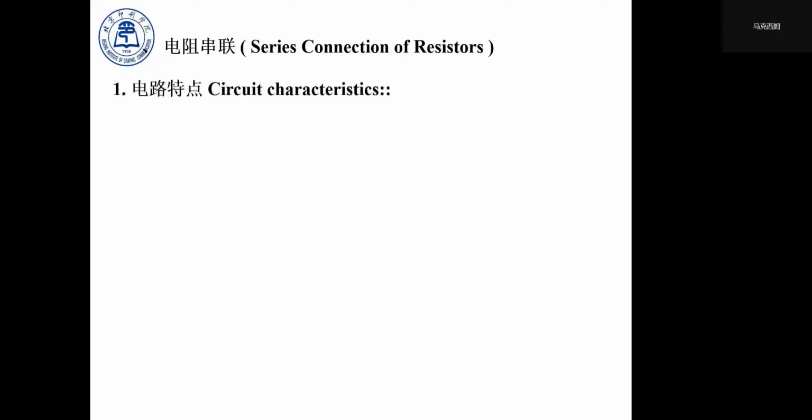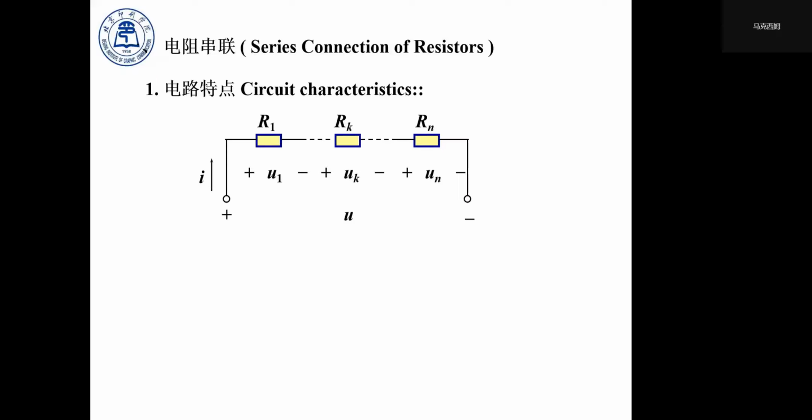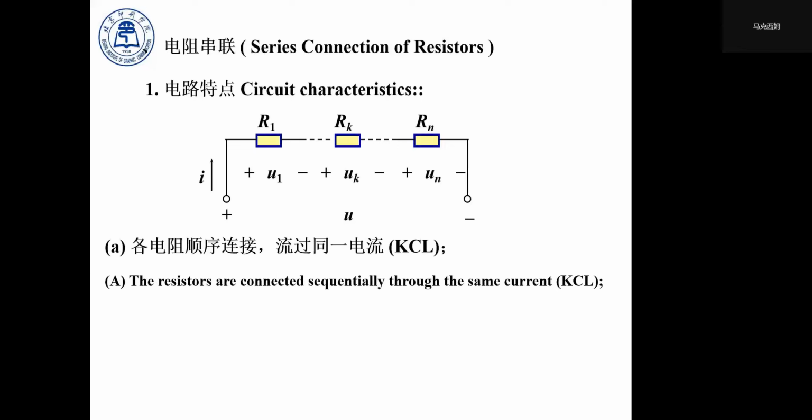And from last lecture, we also talked about the series connection of resistors. We know that all these resistors share a current. All the current that runs through these resistors is the very same one.